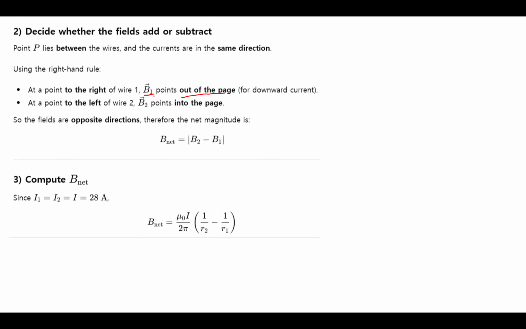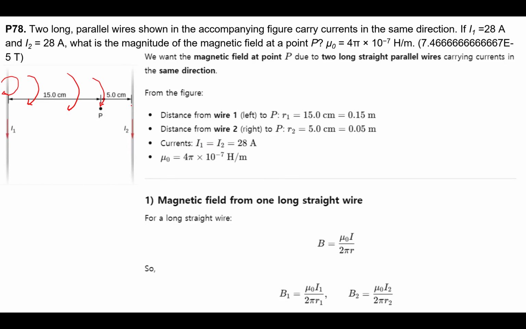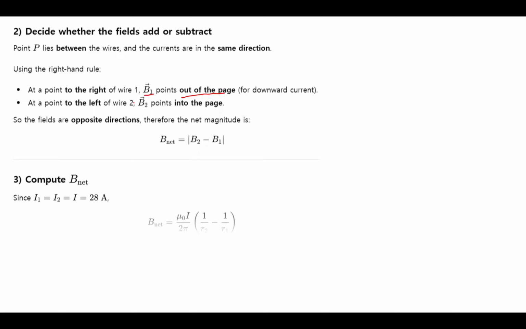But in the case of this wire, you'll see that it is in this way, so that it is into the page. That means B1 and B2 are in the opposite directions.